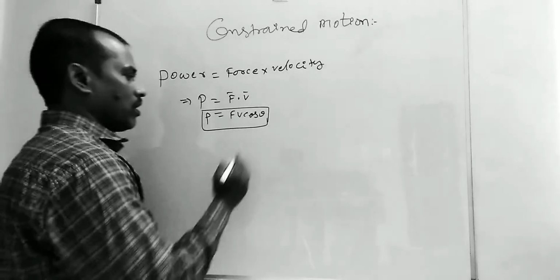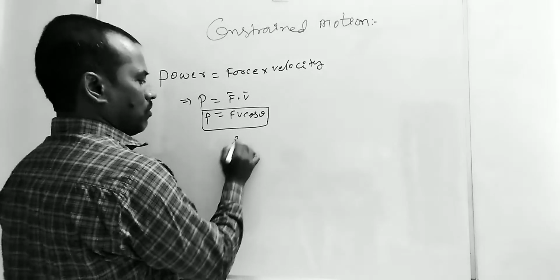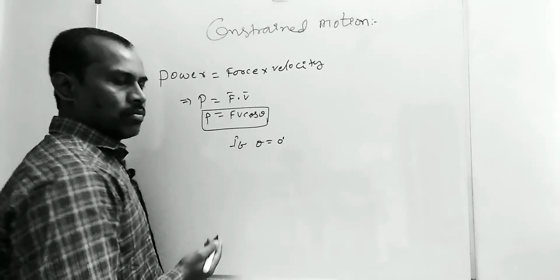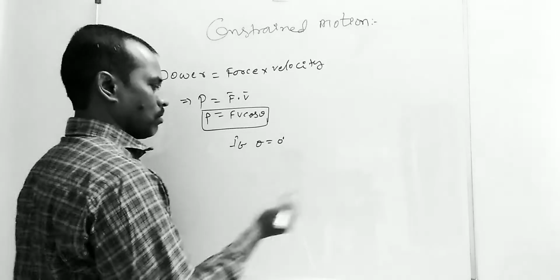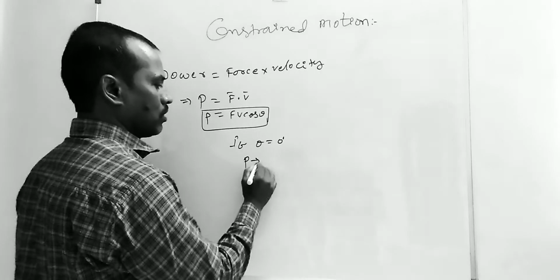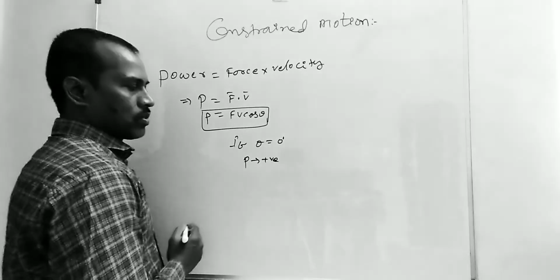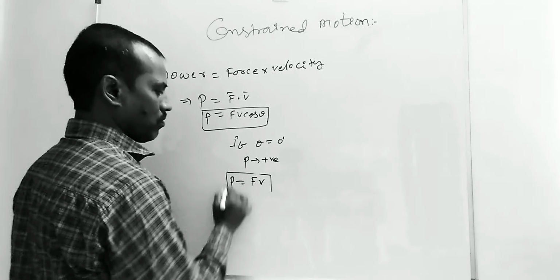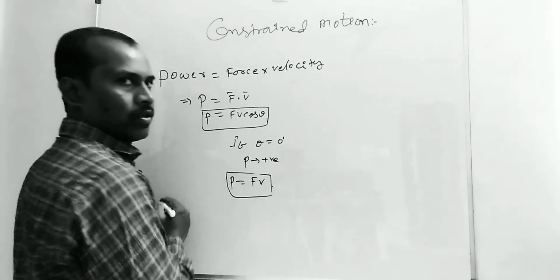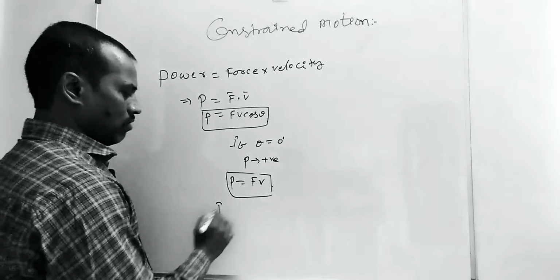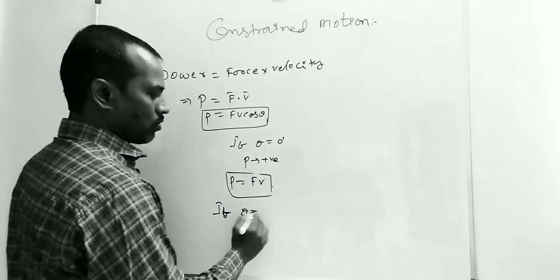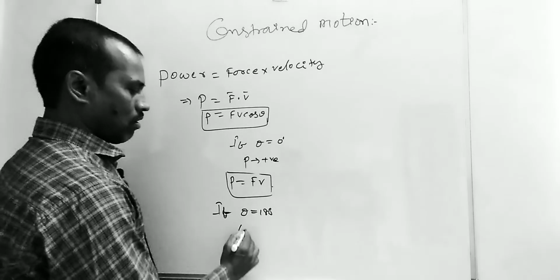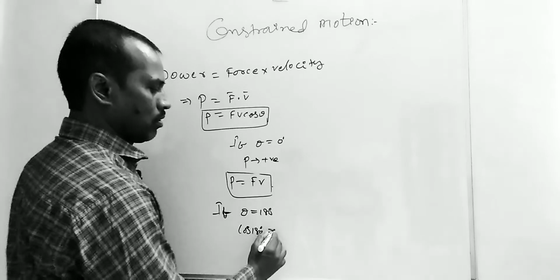For example, if theta is equal to 0 degrees, the power is maximum and positive, that means P = FV. If theta is equal to 180 degrees, cos 180 is equal to minus 1.